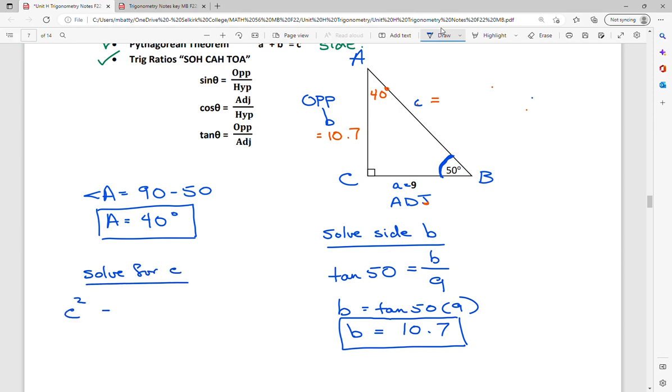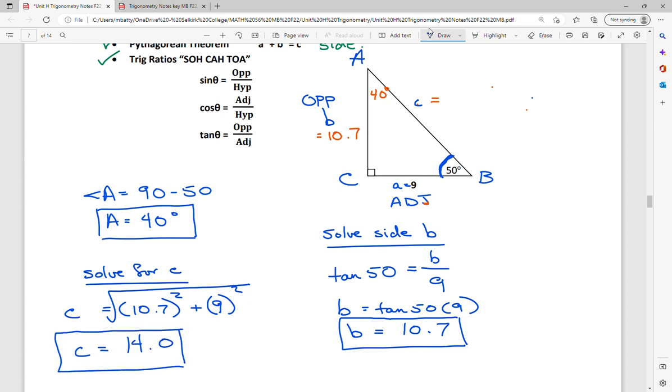So C squared would equal 10.7 squared plus 9 squared. C is actually going to equal the square root of the sum of those two sides. So that gets rid of the squared. And again, I can use my calculator to tell me that C is equal to 14.0.